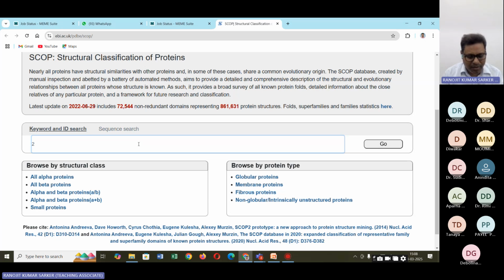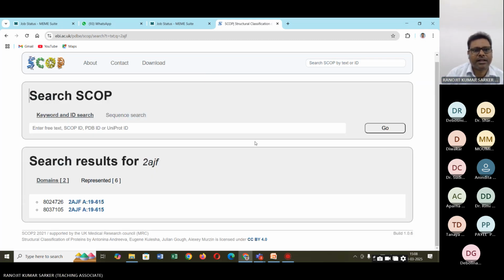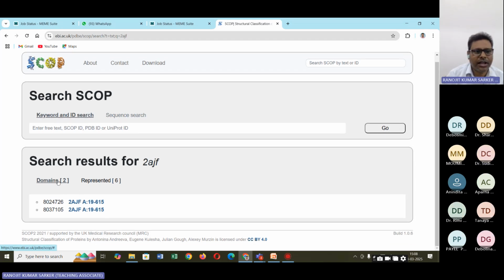See the PDB ID 2AJF. This is a PDB ID. Now, if I click go, see, it is searching my protein. So there is the result. You see, I have two domains. It has two domains in 2AJF.